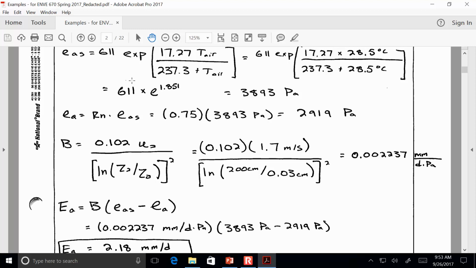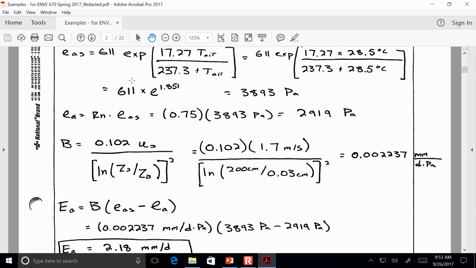And so the bigger that difference between the vapor pressure that could be in air if it was fully saturated with moisture and the actual vapor pressure of the air, the larger that gradient, the larger the evaporation is going to be. And in this case, there's a relatively small gradient because the humidity is so high. 75% humidity means that the difference between E sub AS and E sub A is pretty minor.